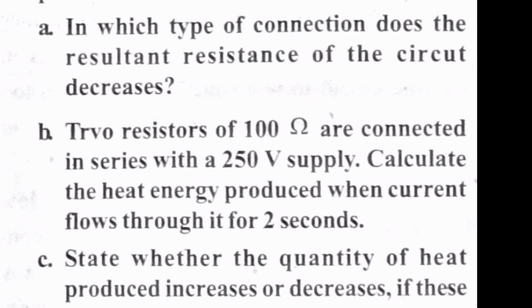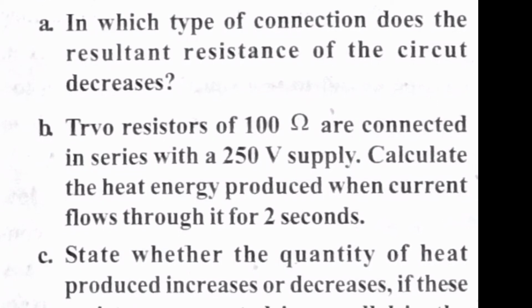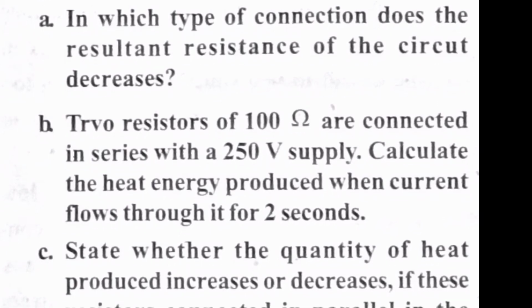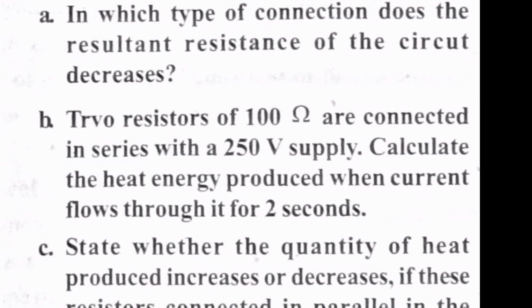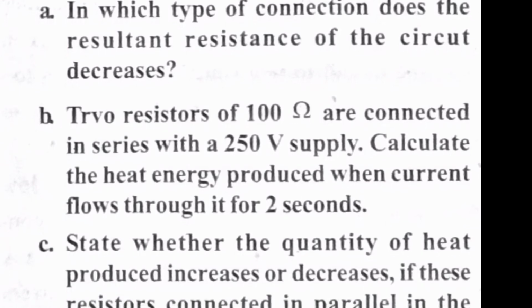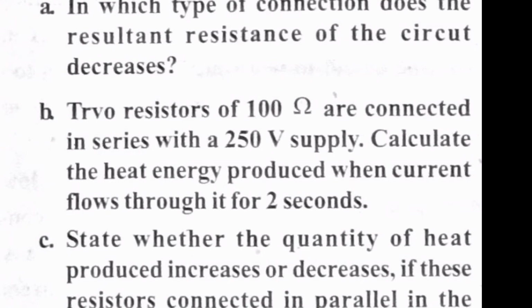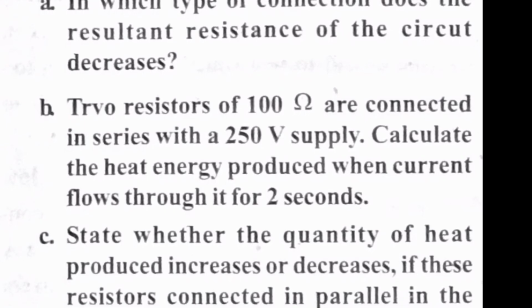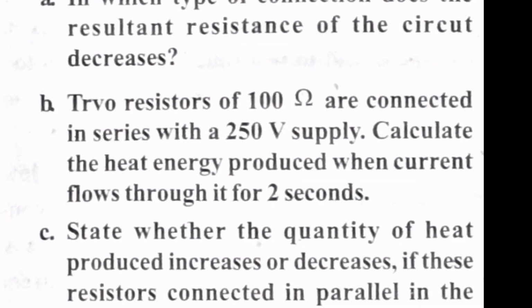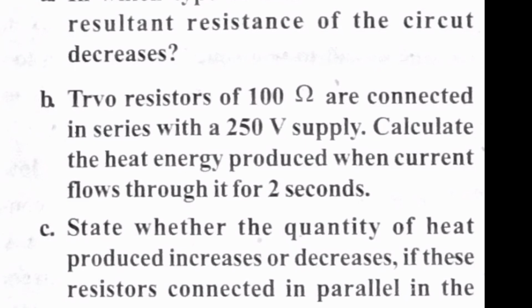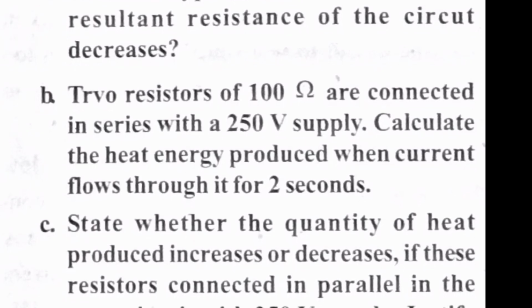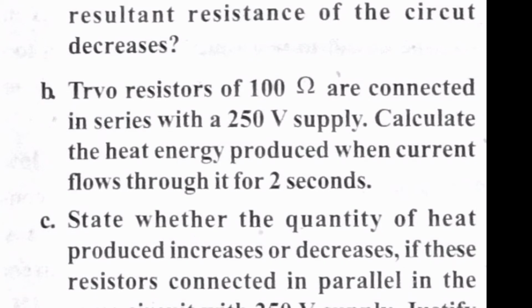Calculate the heat energy produced when current flows through it for 2 seconds. And the third question is, state whether the quantity of heat produced increases or decreases if these resistors are connected in parallel in the same circuit with a 250 volt supply. Justify your answer. Can we answer it one by one?